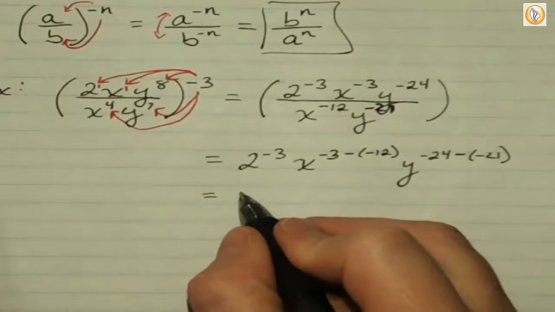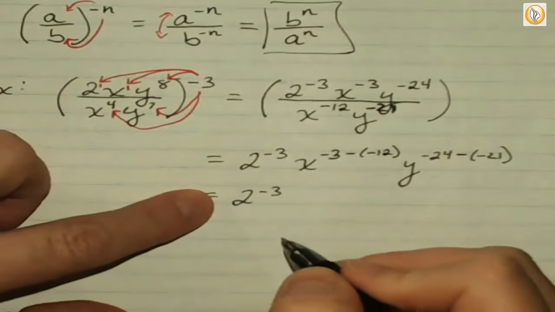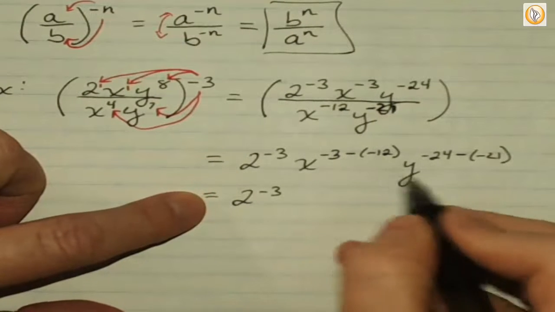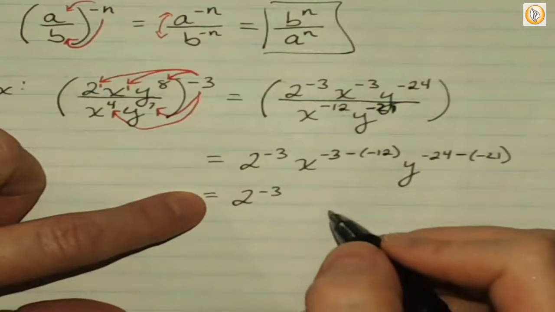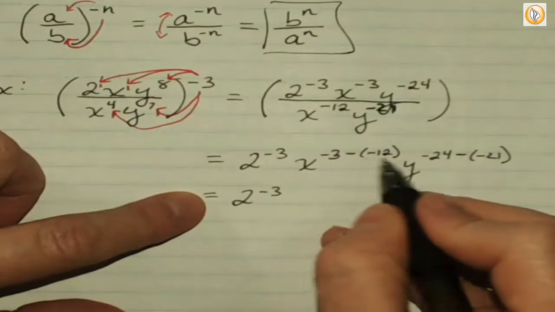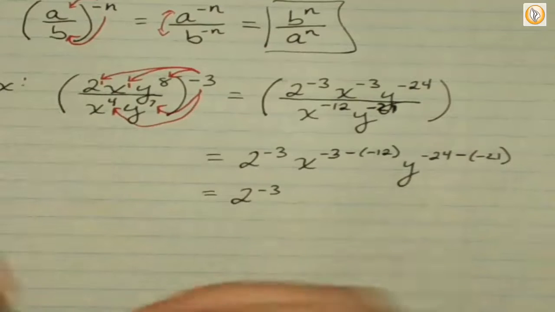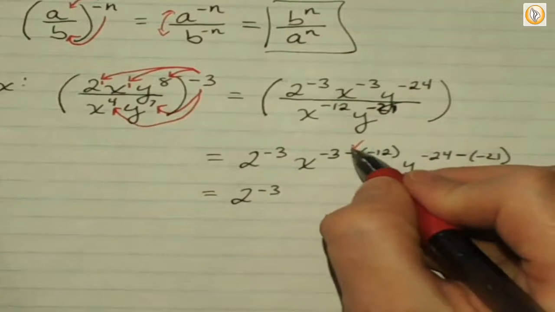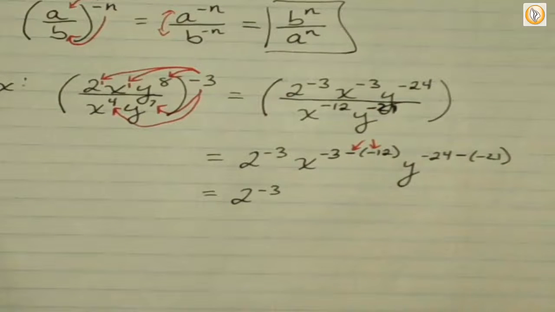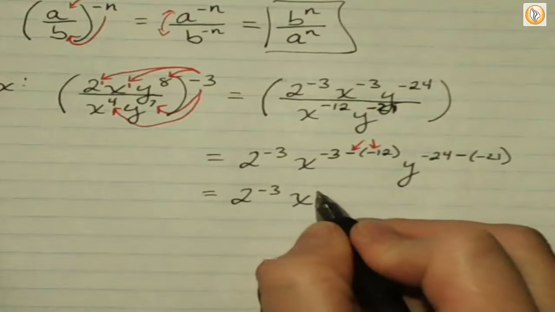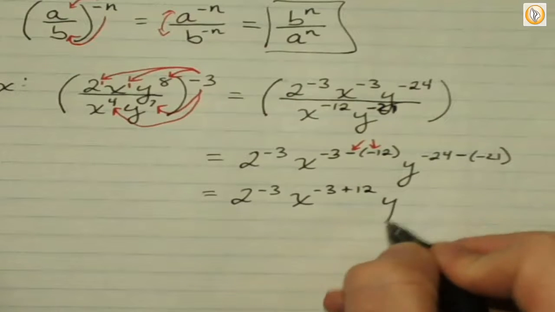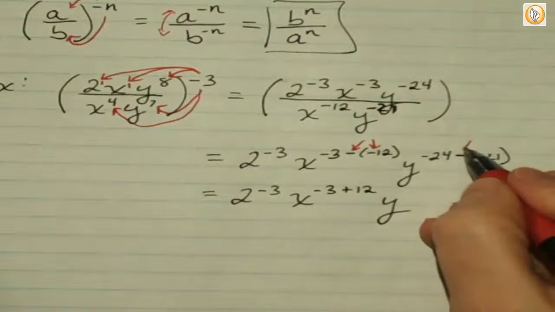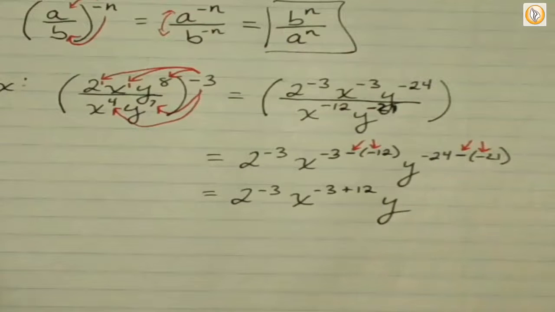All right, so I have 2 to the negative 3. I'm going to move that later. I'm going to combine these first. Because remember I said don't start moving things below until after you're done with everything. These two, a negative and a negative, means you're adding. So I have x to the negative 3 plus 12. And then y, we have the same situation, a negative and a negative.